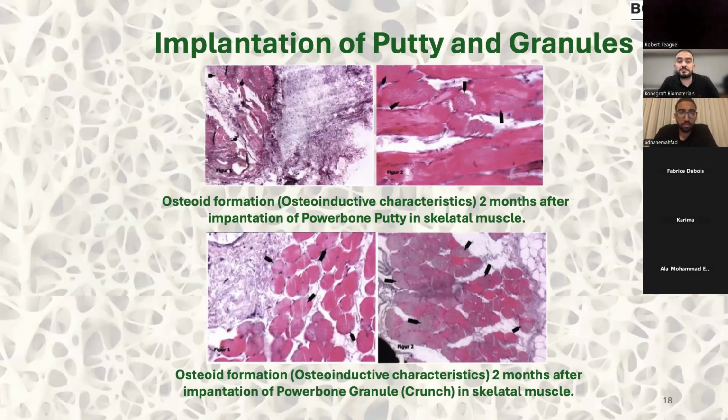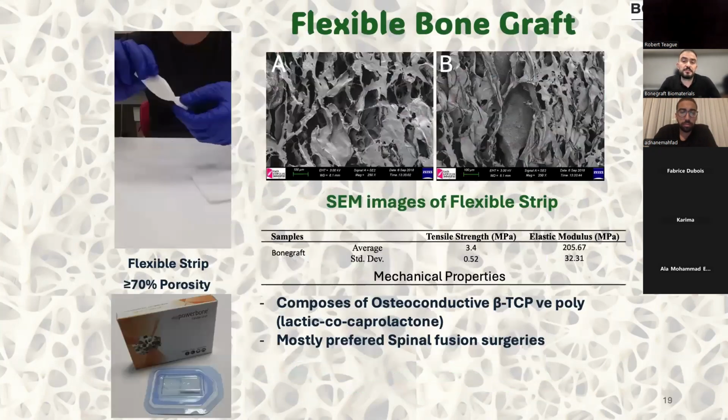When we analyze the histological results of our products, dental putty and granules, implanted into muscle tissue, we can confirm that there is osteoid formation in the muscle tissue. So that is another confirmation of the osteoinductive characteristics of Powerbone based bone graft materials.